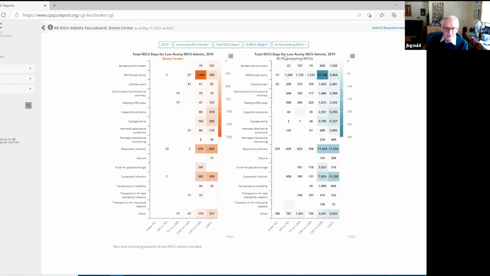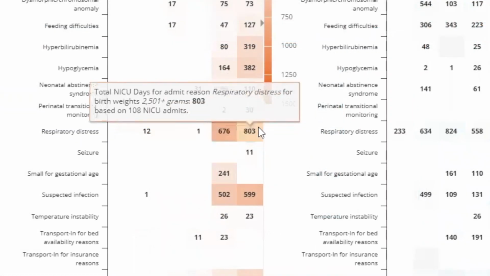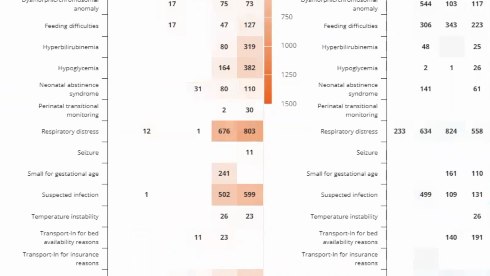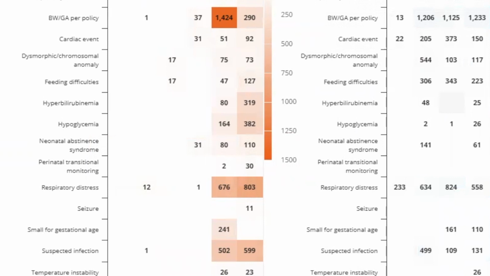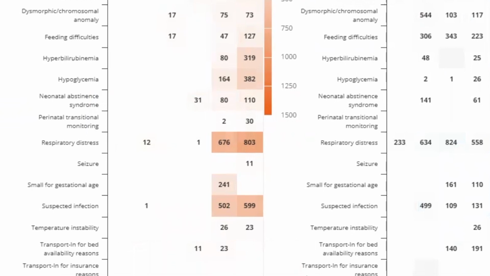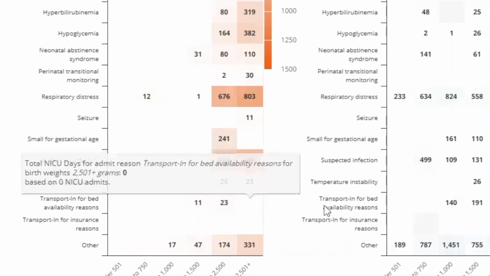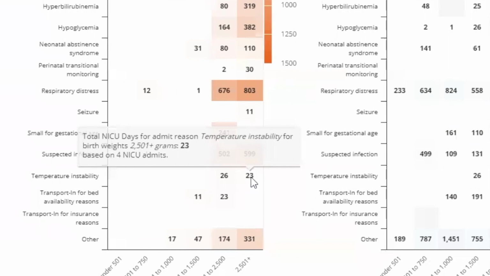So here's your birth weights, and again, this is pretty incredible that for respiratory distress in these larger kids, we devoted 803 work days to them. Hypoglycemia is only 382, and then some of the lower work days like temperature instability, very few work days for these kids, 26 and 23.